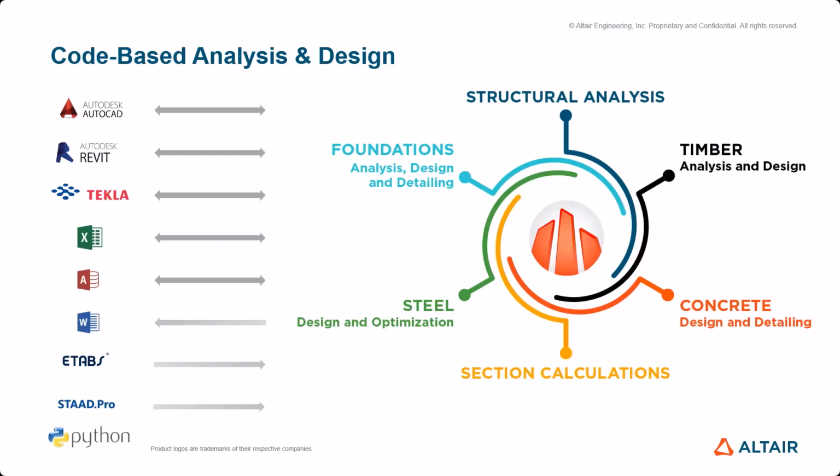Also, we can import models from STAAD.Pro, etc. Once we have a structural analysis, we can take these results into the tools for design of the elements, such as foundations, steel members, timber members, the calculation of the geometric properties of different sections, and what we are going to be talking about today, concrete, right? So we have tools for concrete design and detailing.